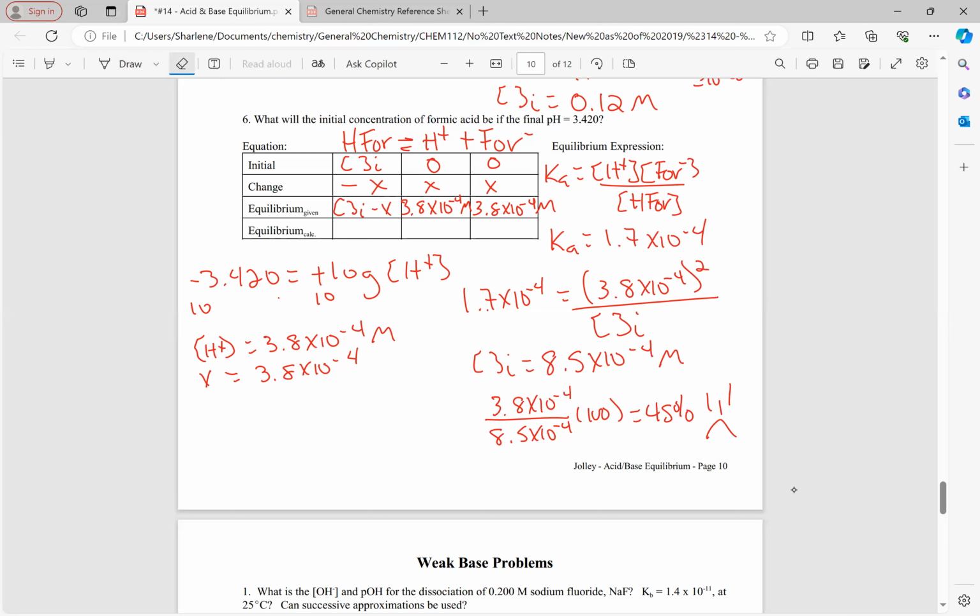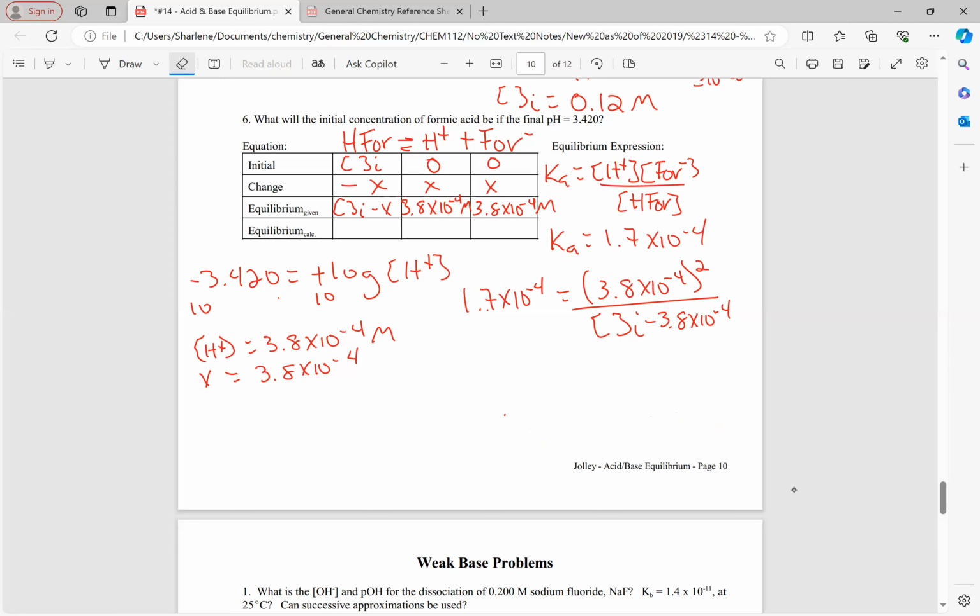I may not ignore that, so minus 3.8 times 10 to the minus fourth. So it changes my math. It's a little bit more complicated. Not a big deal though. Now, would you have known to check for that? No. Usually it's nice just to do the assumption, and if you have to go back and do the longer math.